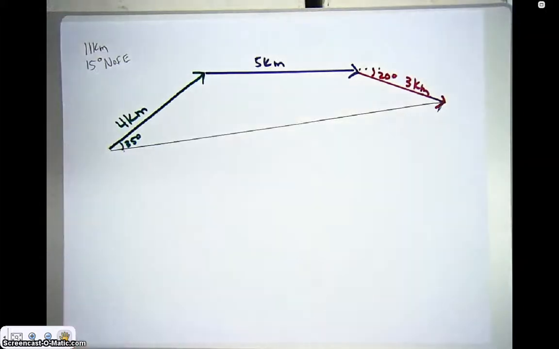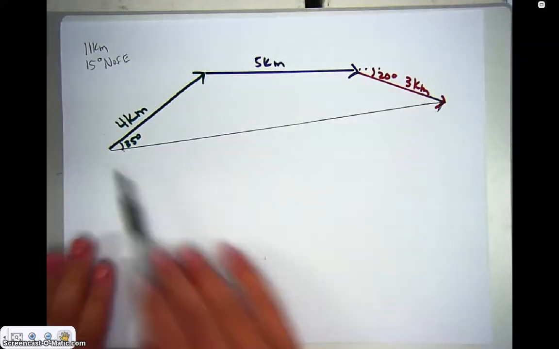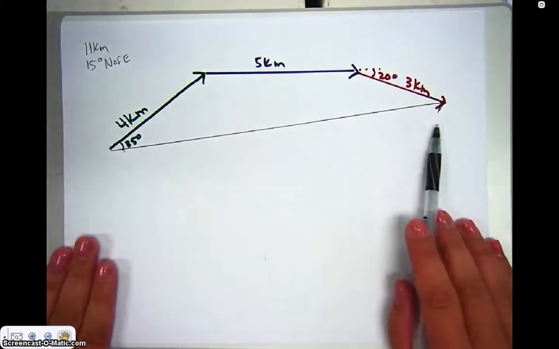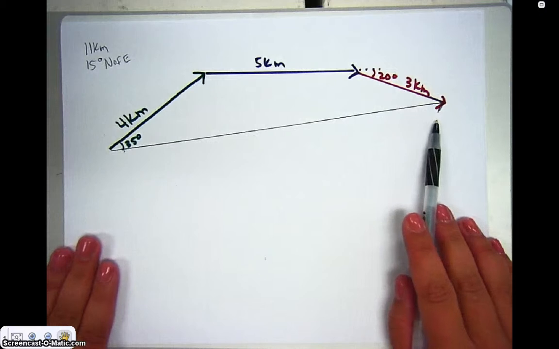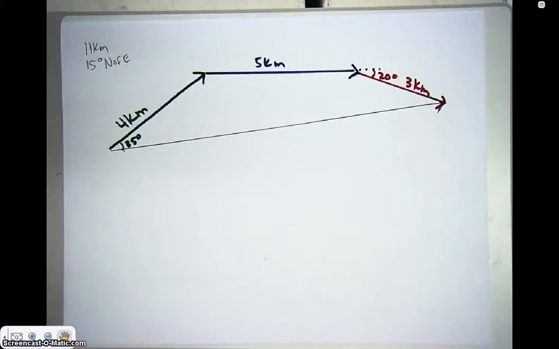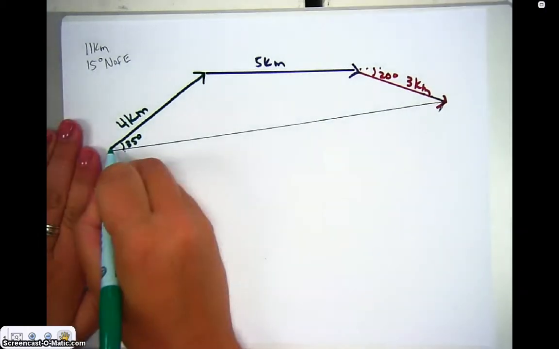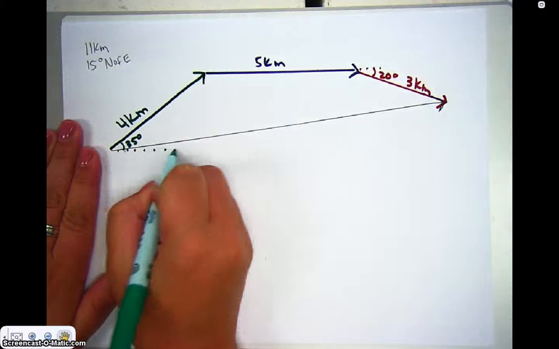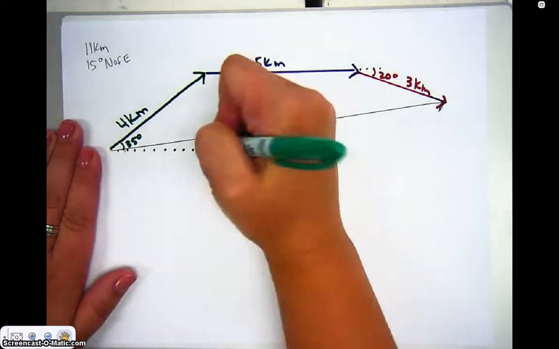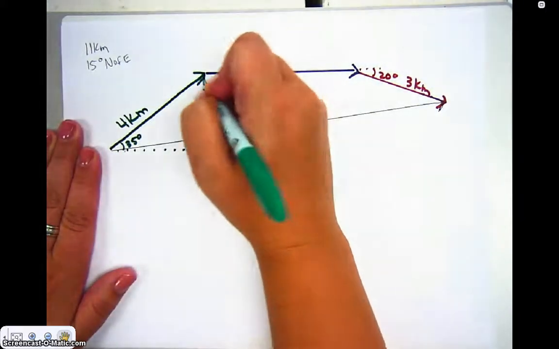Now we're going to use the component method in order to figure out the resultant vector, its direction and magnitude. So in order to do that, we need to figure out both the x and y components of each one of the individual vectors. So we have this and this, right?